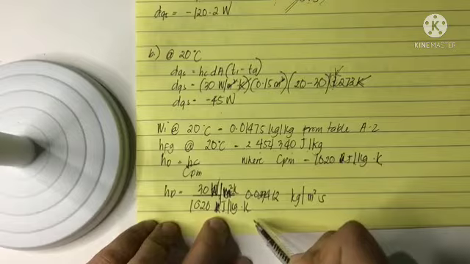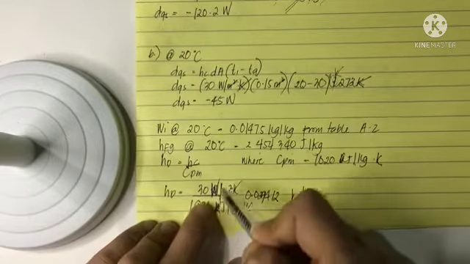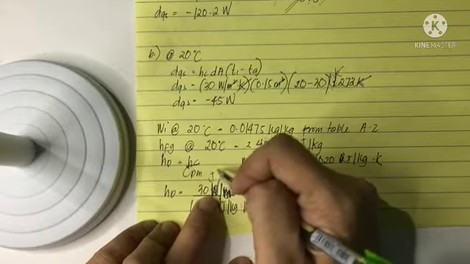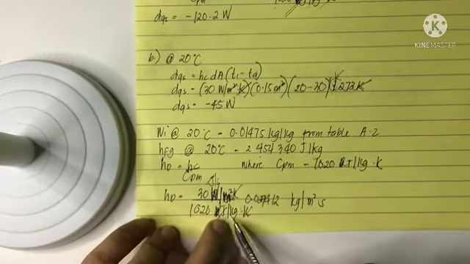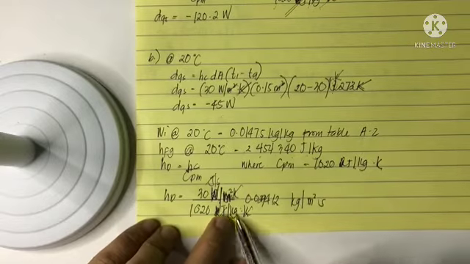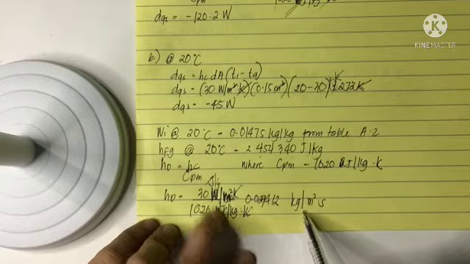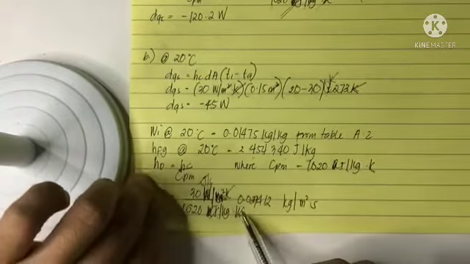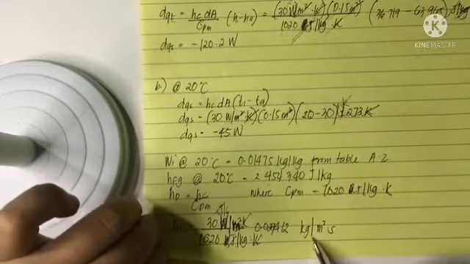So, cancel out your Kelvin and your joule. Your watts here is joule per second, so cancel out your joule. What unit left here is kilogram per meter squared second. So our answer is 0.029412 kilogram per meter squared second.